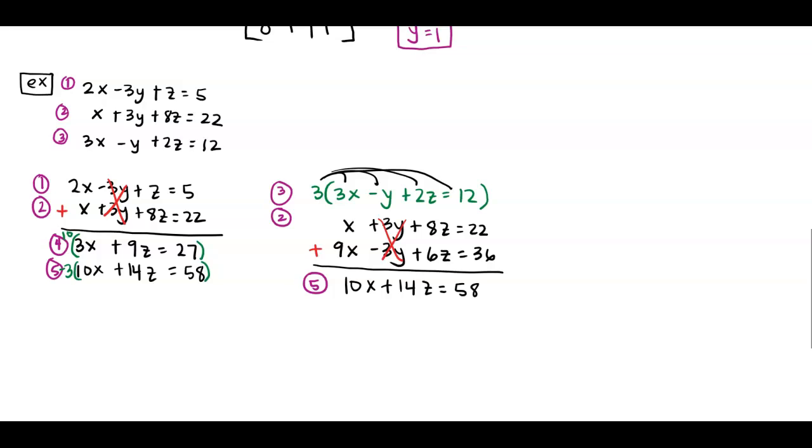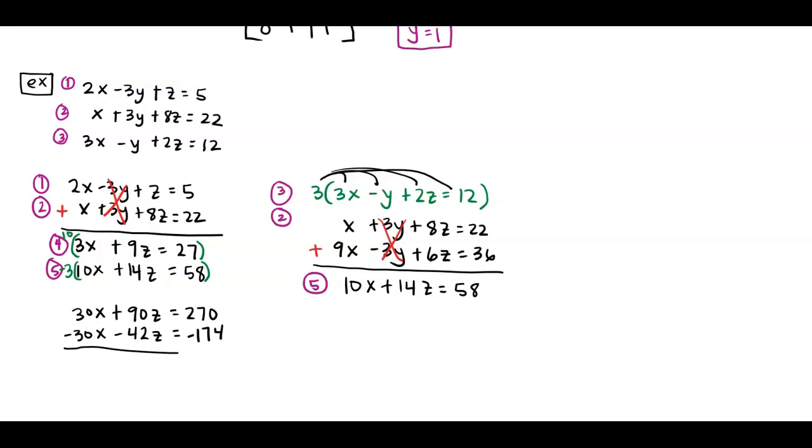Okay, so let me rewrite those down distributed through. So I'd really have 30x plus 90z equals 270. And then I get negative 30x. Let's see, what is negative 3 times 14? Is that negative 42z? And then what's negative 3 times 58? So I get negative 174.